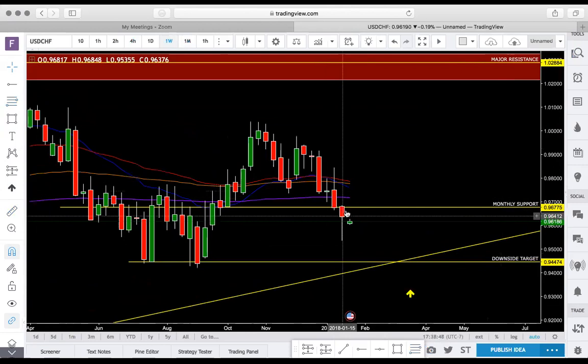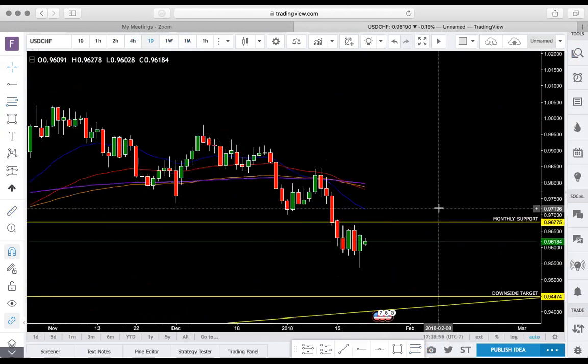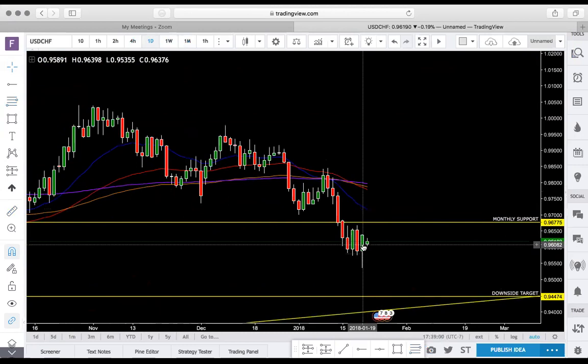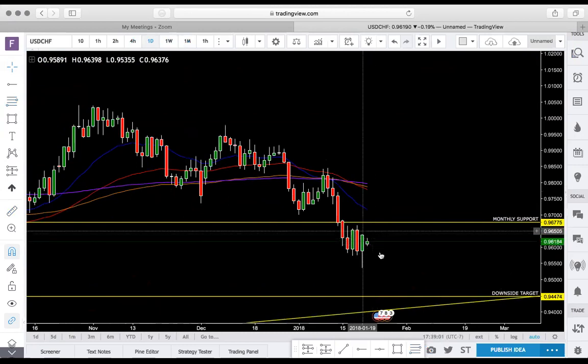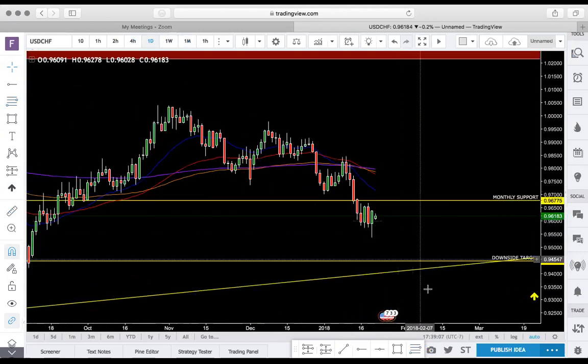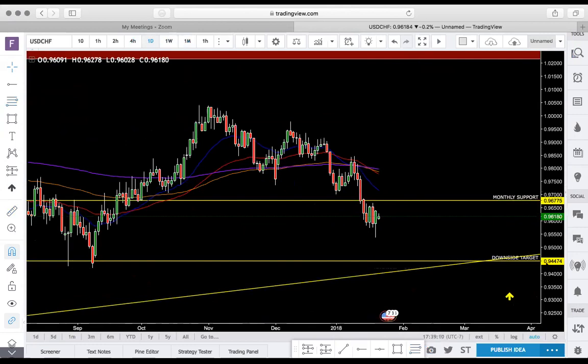Monthly support has now been broken. We closed below that last week, and we even made a low of 95.95355. We could see somewhat of a bounce and maybe retest that area here before going lower. My downside target on dollar Swiss franc is 94,474.